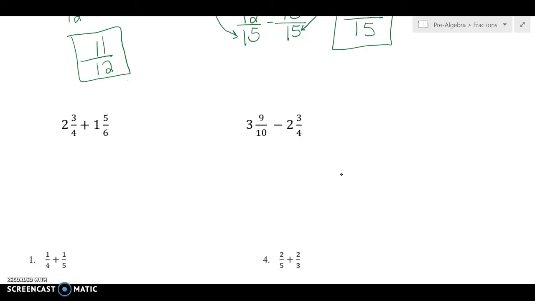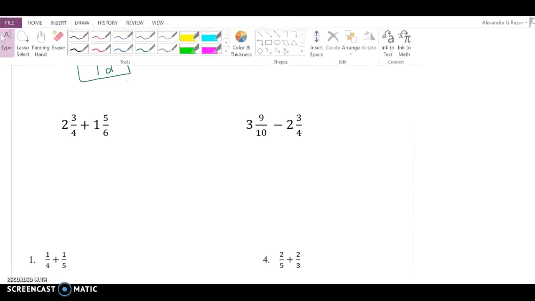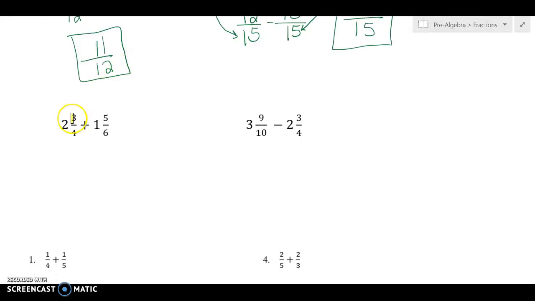All right, so now we also have ones that have whole numbers in front, and what I'm going to do is highlight those, and we're going to come back to those at the end. What I want us to do is focus on the smaller fractions, so I need to look at 4 and 6. Now, if you recognize the smallest number that goes into 4 and 6, you could do that.